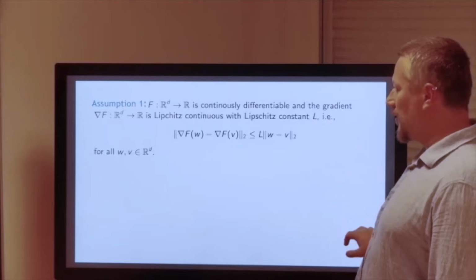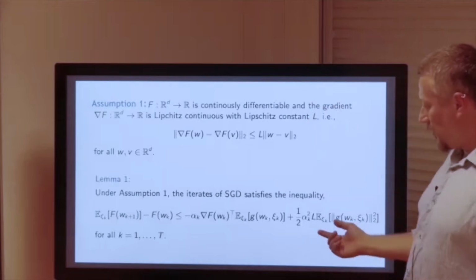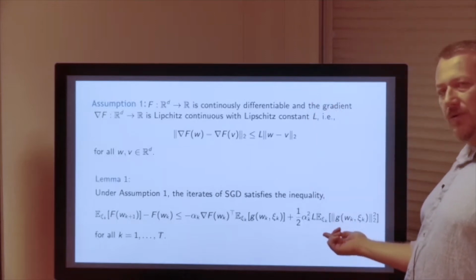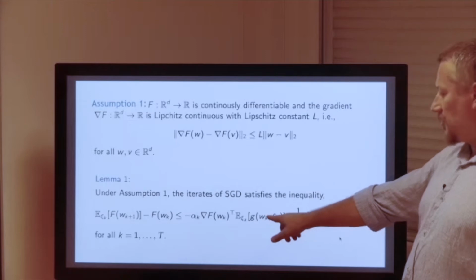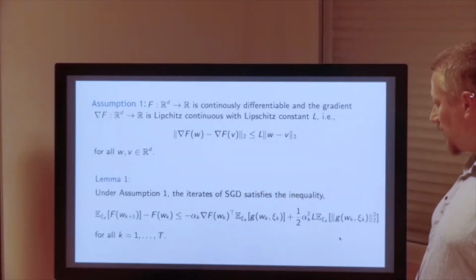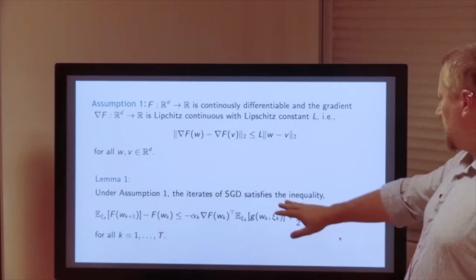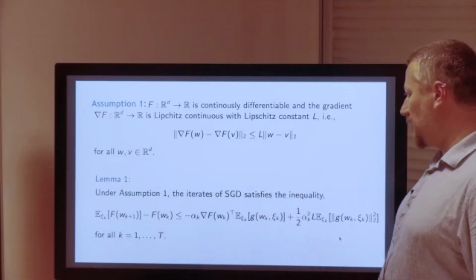That stays the same. And remember that under this condition, we had this lemma. We are going to use this lemma, but now instead of just average gradients, we will have H_k times the stochastic gradient. But there is no assumption there on what G is, so we will use this lemma.